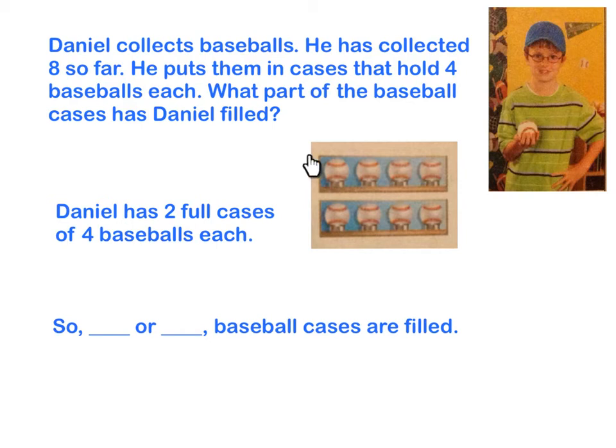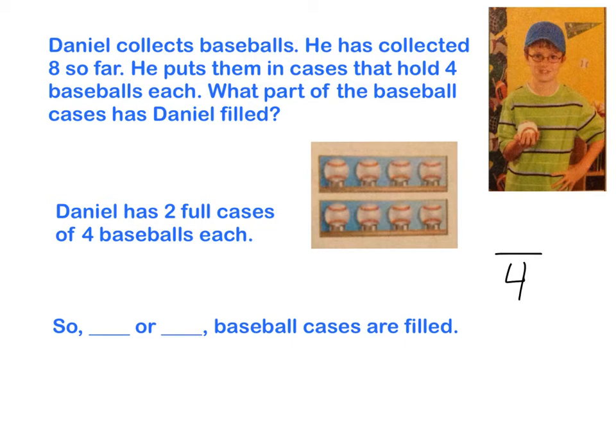Here, Daniel has 2 full cases of 4 baseballs each. So think of 1 case as being broken into 1, 2, 3, 4 equal parts, or fourths. So our denominator in this problem is going to be fourths.